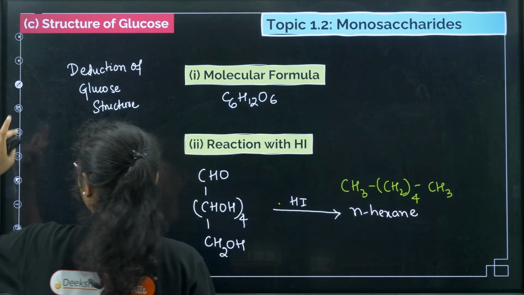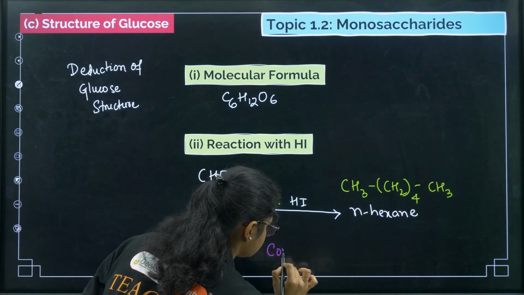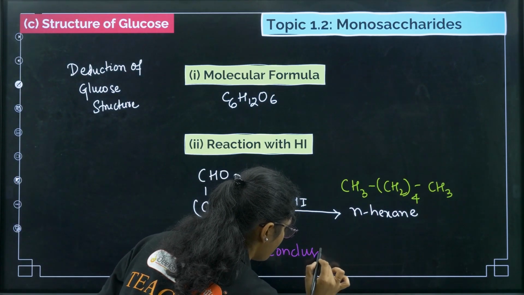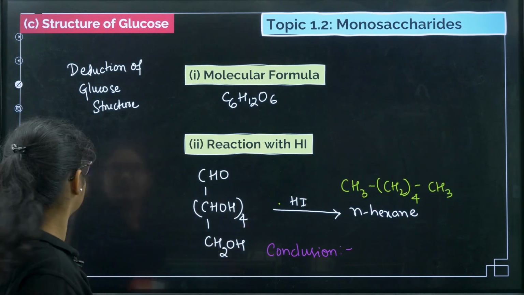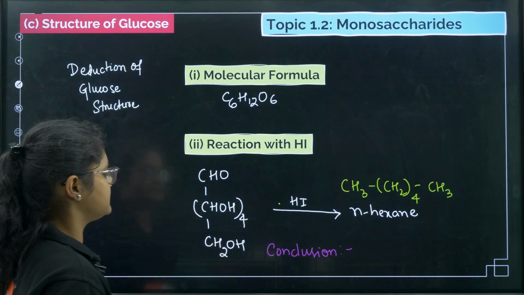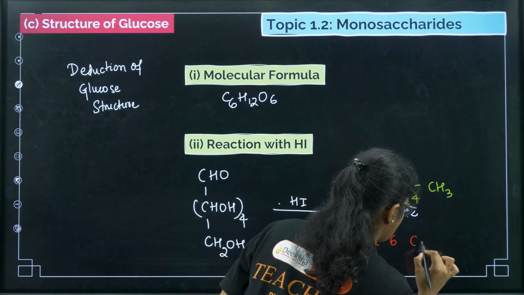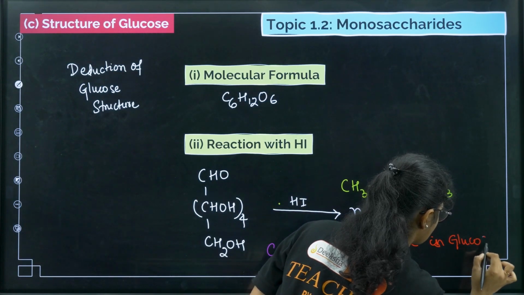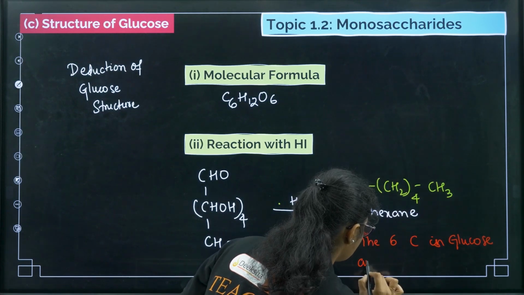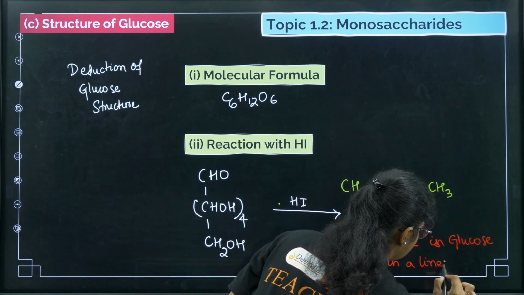Now from this what conclusion do we get? What can you infer from this? Or I can say, what does this reaction tell us? What is the outcome of this reaction? This reaction tells that the 6 carbons in glucose are in a straight chain, in a linear chain.